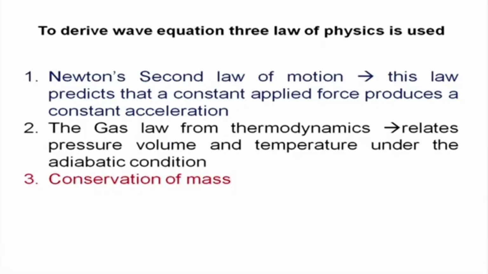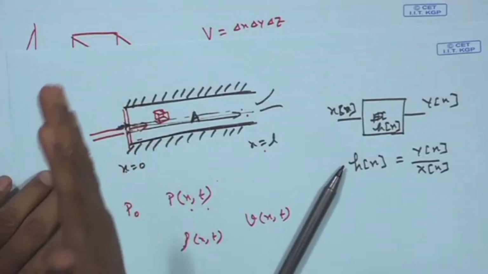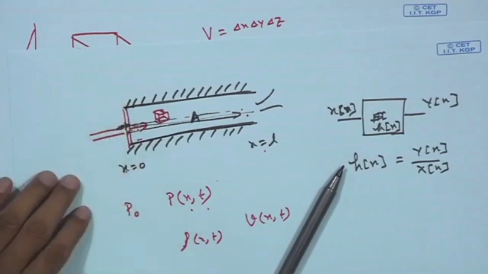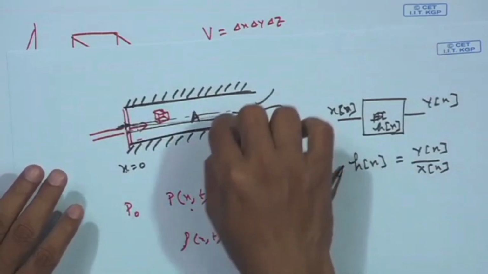So, what do you understand by wave equation? That means, I want to know how the pressure from x equal to 0 is propagated along the tube. Let us say at x equal to L, I want to know what the pressure is.